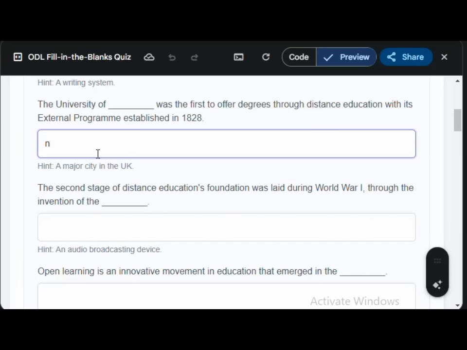Let's take our country, Nigeria. You don't write Nigeria in small letter; even in the middle of a sentence, you must write it in capital letter N and the rest small letter. So this answer here is London.